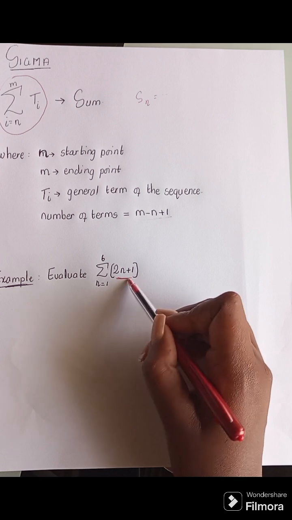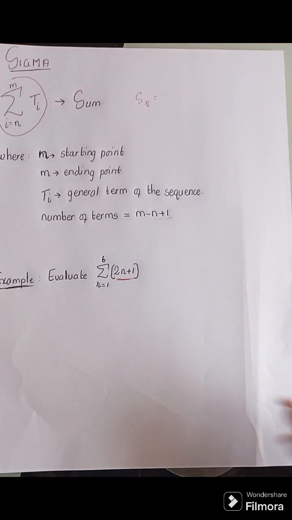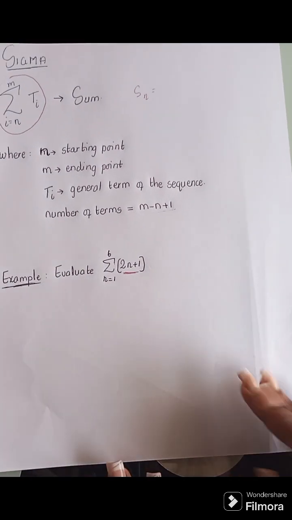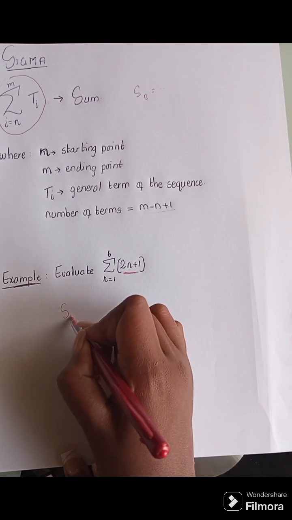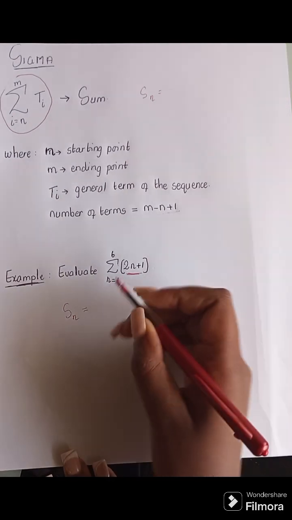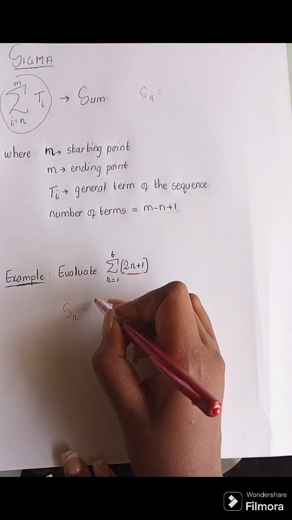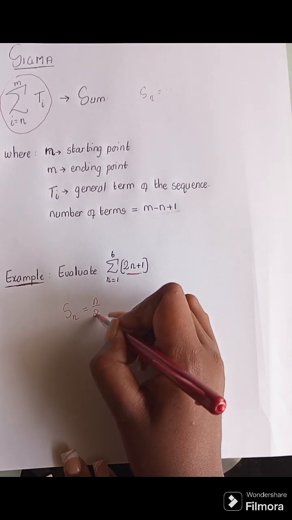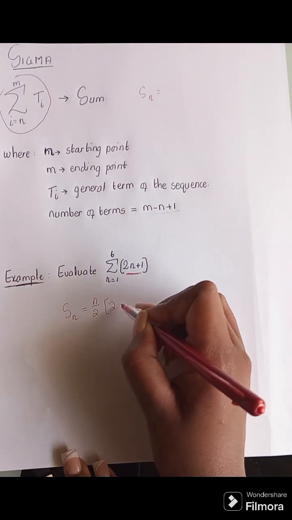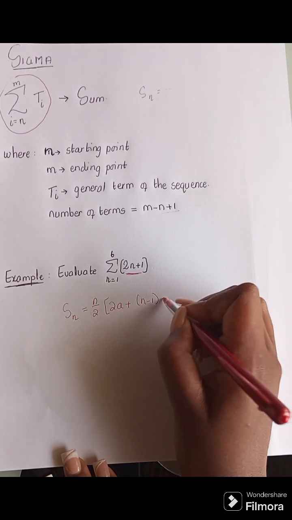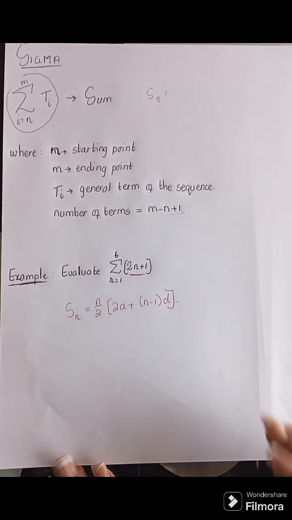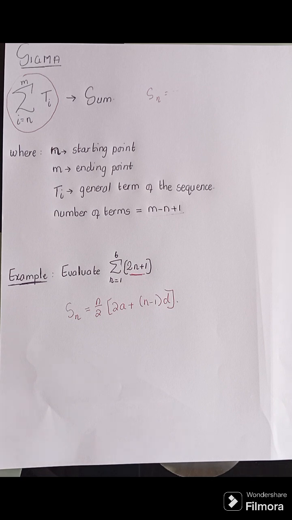It is the formula for an arithmetic sequence, right? Therefore, if we are looking for the sum of this sigma here, we're going to use the formula for an arithmetic series. So we're going to say Sn is equal to n over 2 into 2a plus (n minus 1)d. So we have identified the formula that we are supposed to use, right?